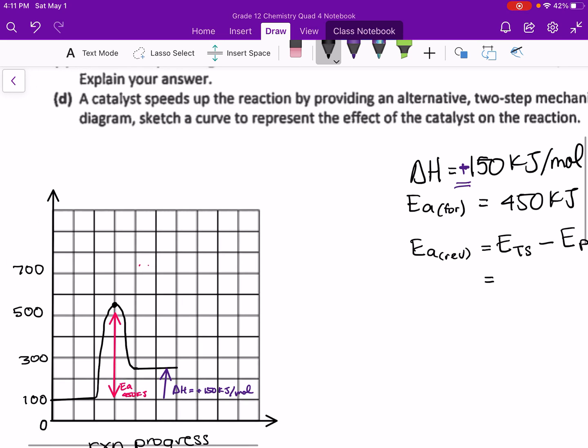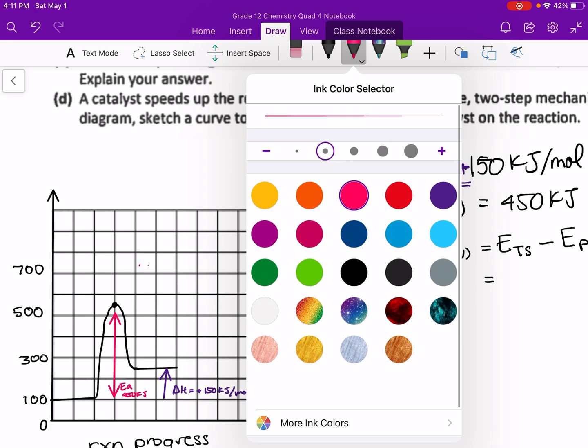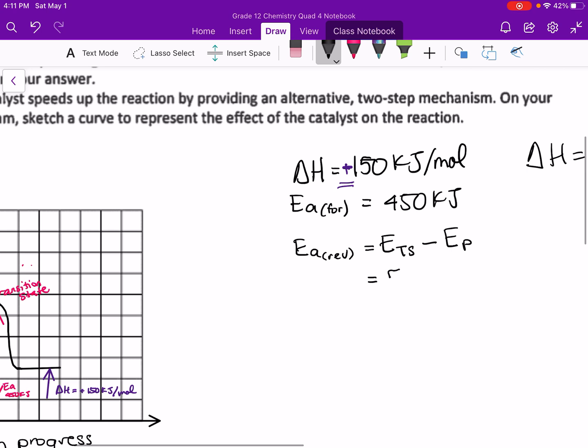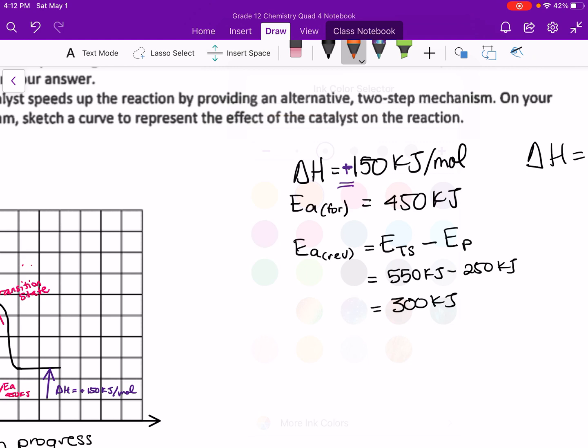My energy at my transition state, that's this right here, is equal to 550 kilojoules. My products are at 250 kilojoules. That means my EA in reverse is 300 kilojoules, and I can label it here.